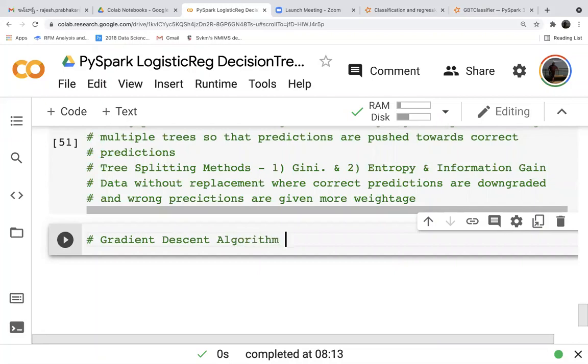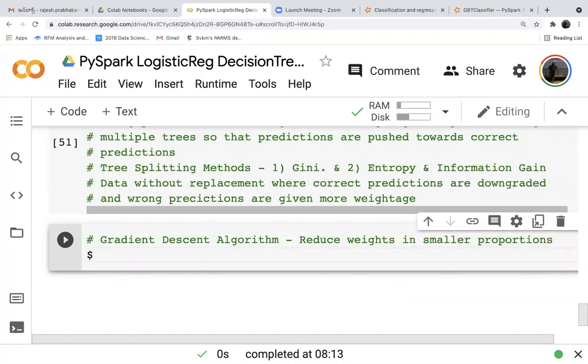So the gradient descent algorithm says reduce weights in smaller proportions and use multiple iterations to reach the global minimum.